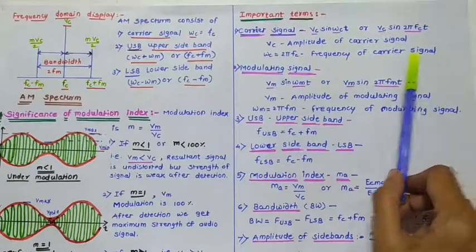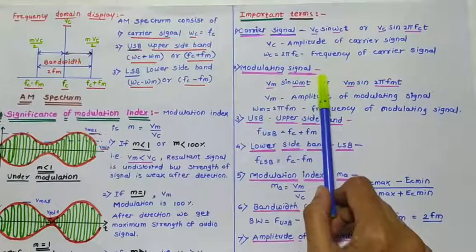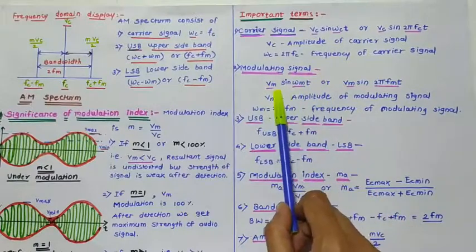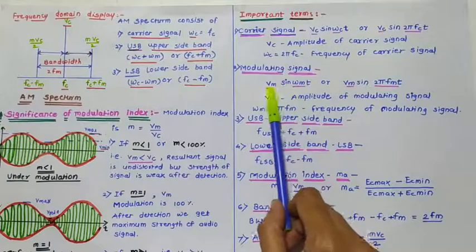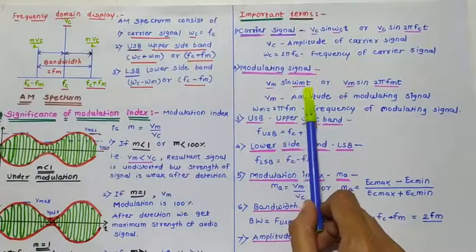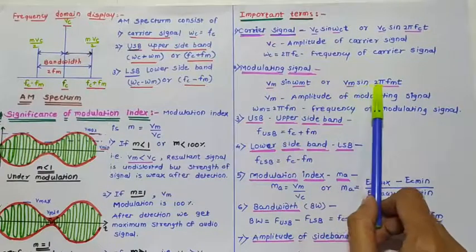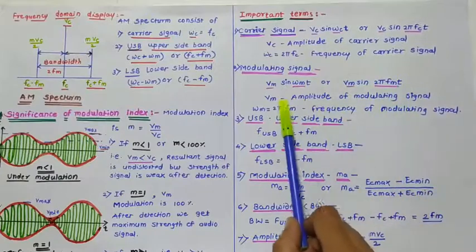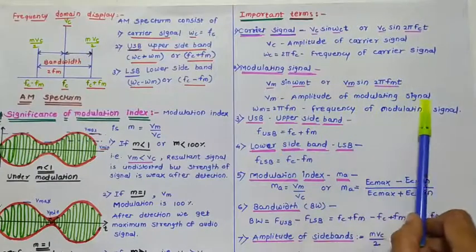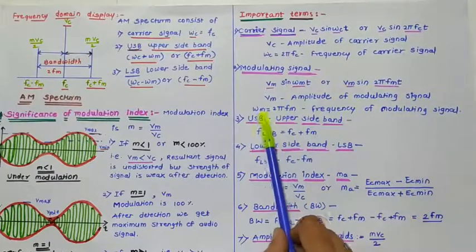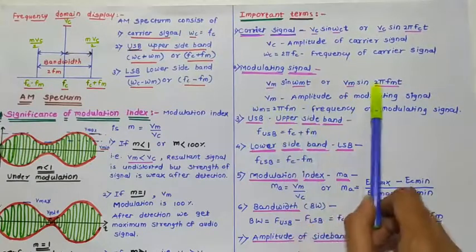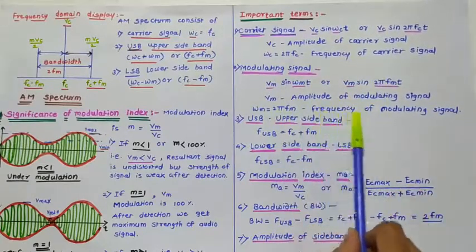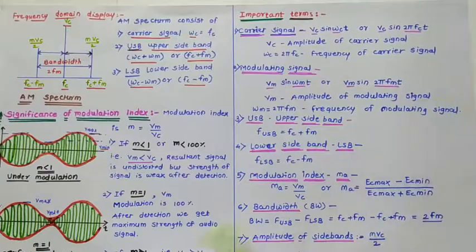Okay students, now in case of the modulating signal, vm is equal to Vm sin omega mt or Vm sin 2 pi fmt. Here Vm is the amplitude of the modulating signal, while omega m is equal to 2 pi fm. This is the frequency of the modulating signal.